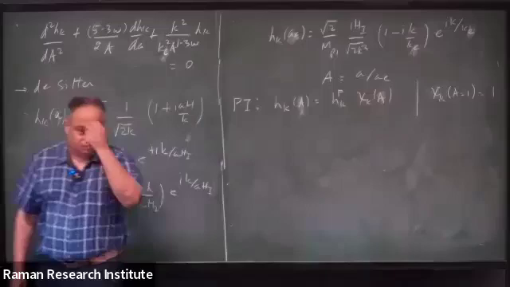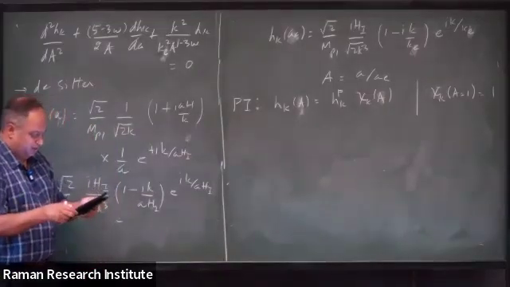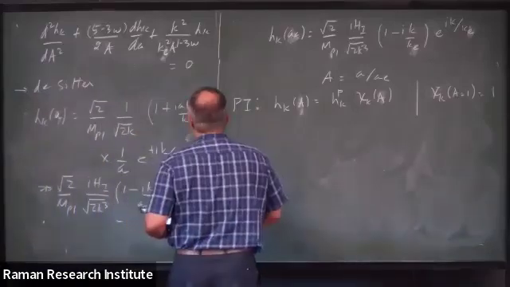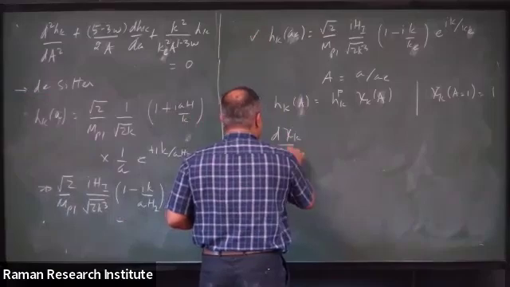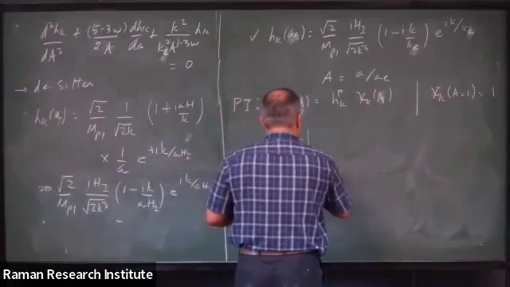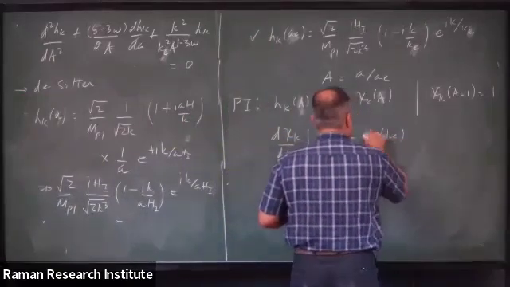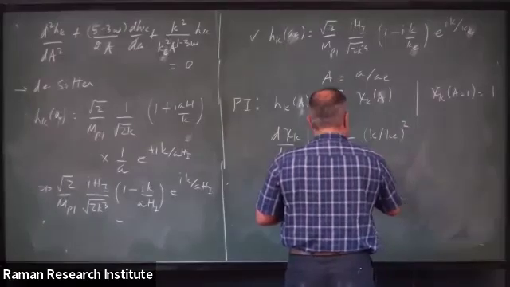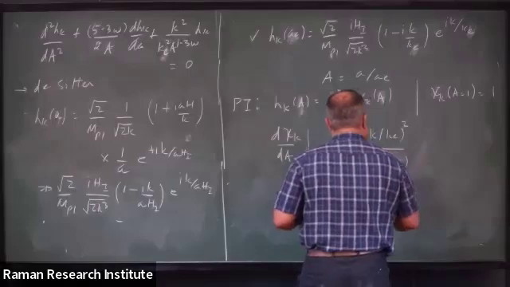Is that fine? Okay. And what you can also show from this solution is the following: d chi k by dA, at A equal to 1, that is at the end of inflation, is minus (k by ke) whole squared divided by 1 minus k by ke.